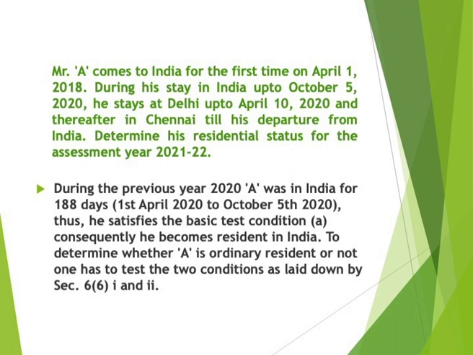So, April 30 days, May 31 days, June 30 days, July 31 days, August 31 days and September 30 days and October 5 days. So, he stayed more than 182 days, yes or not? Yes, he stayed more than 182 days.